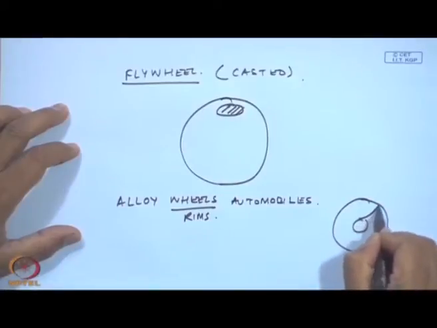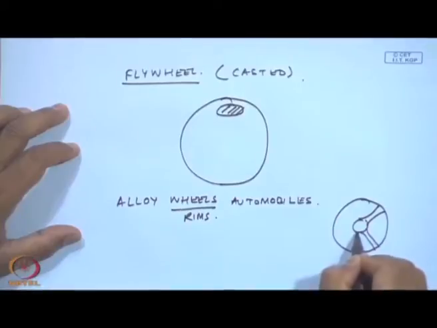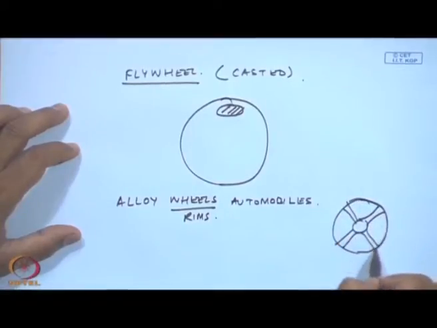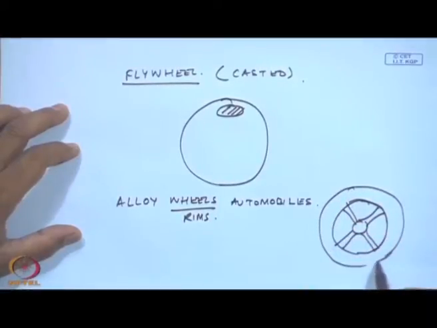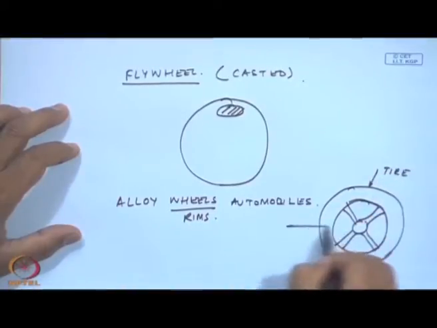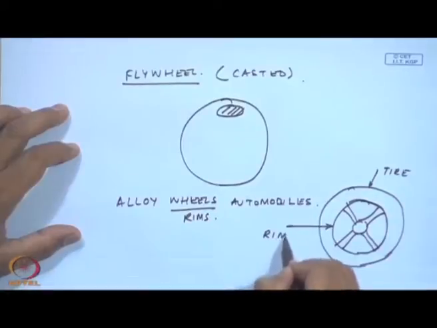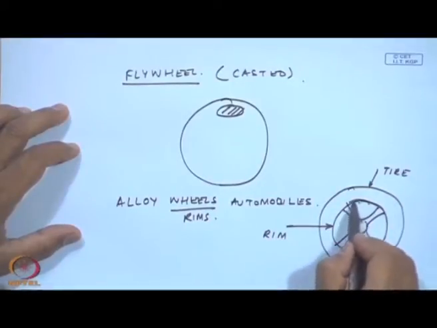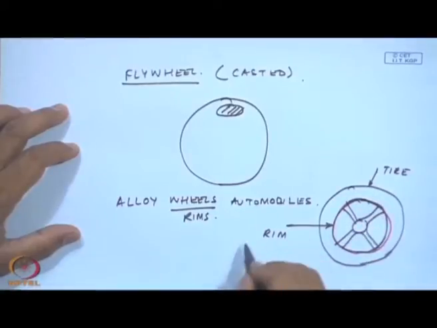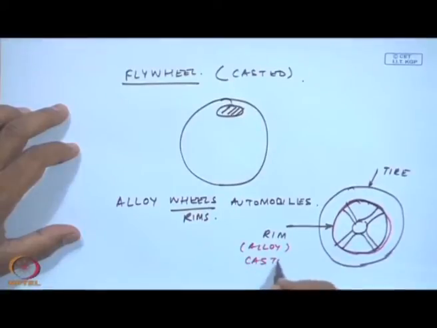Say, on which we have the tire, this is the rim, and this could be an alloy wheel rim, which is actually cast.